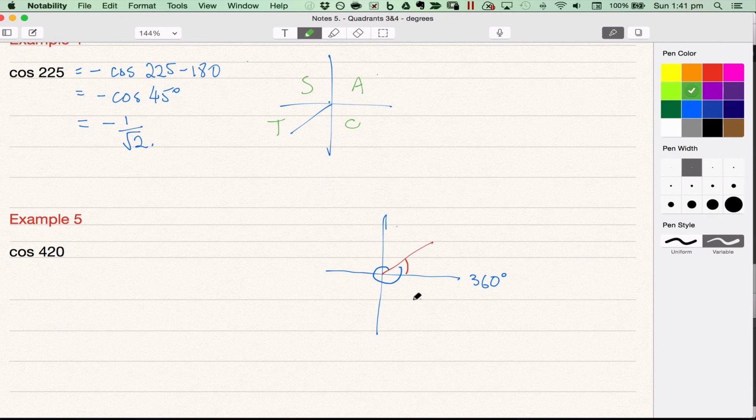Hang on, let's check which ones are positive. They're all positive in quadrant 1, so we don't need to do any negative signs. Cos of 420 take 360, which is equal to cos of 60, which when you look up in your tables equals 1/2.